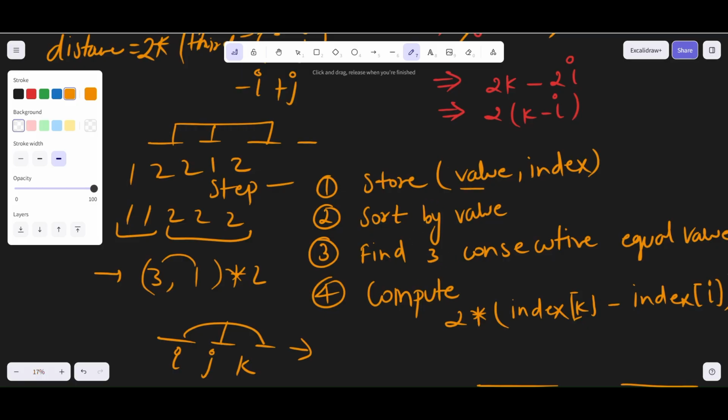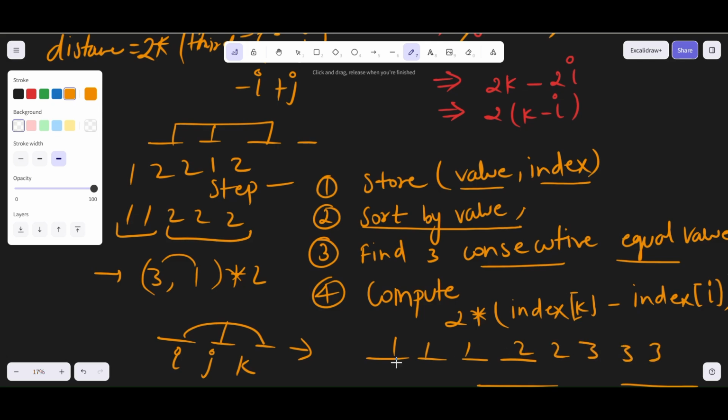So we will store the value and index. We will sort by the value, and after that by the index, and find three consecutive equal values. We are just checking whether these three values are equal. Suppose we have the array 1 1 2 2 3 3 3.